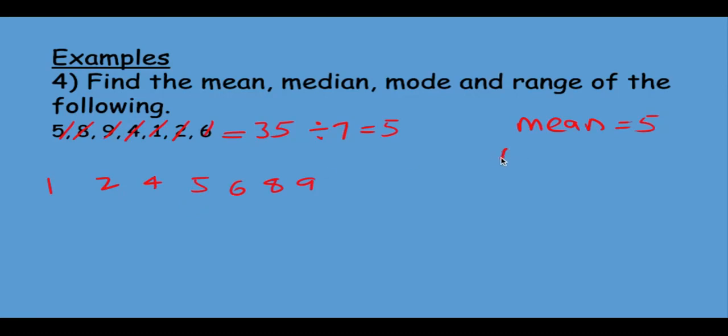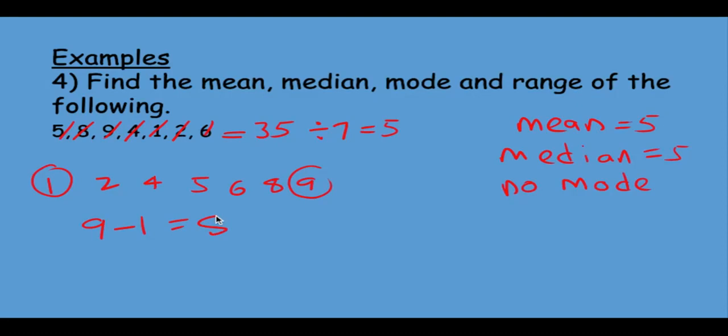So our median is 5 as well. There's no mode again. And we've got a range of 9, take away 1 is 8. So our range is 8.